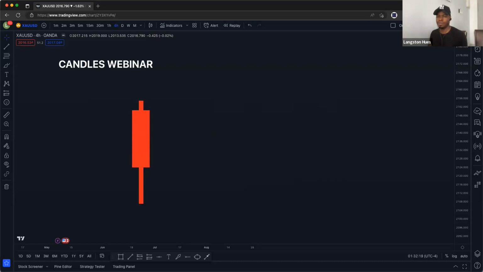Bearish candle. So we already know that if you have this type of candle, that means the open was right here, the high was right here, the low was right here, and the close was right here, right?